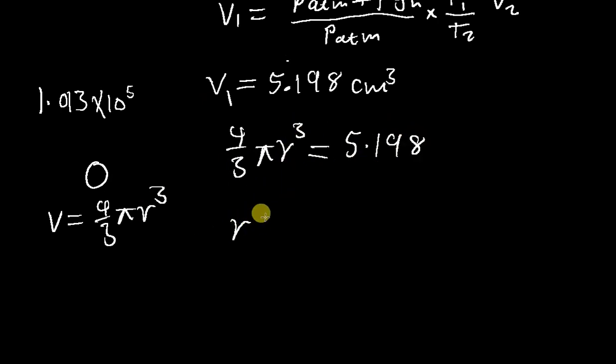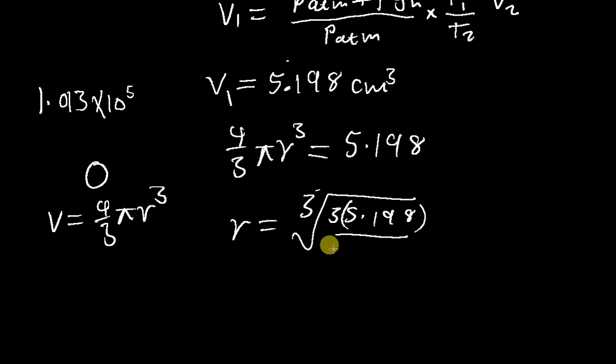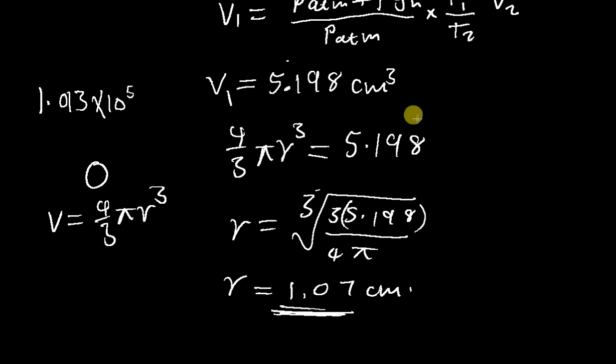So you're going to have r equal to the cube root of 5.198 over, so if you want, you can do this, 3/4 pi. So when you find that, you find the radius to be 1 point something, which is close to 1.07 centimeters. So this is the radius of the bubble that they wanted us to find.